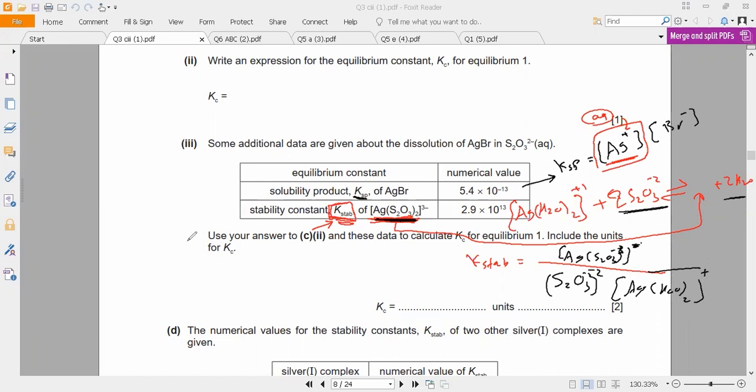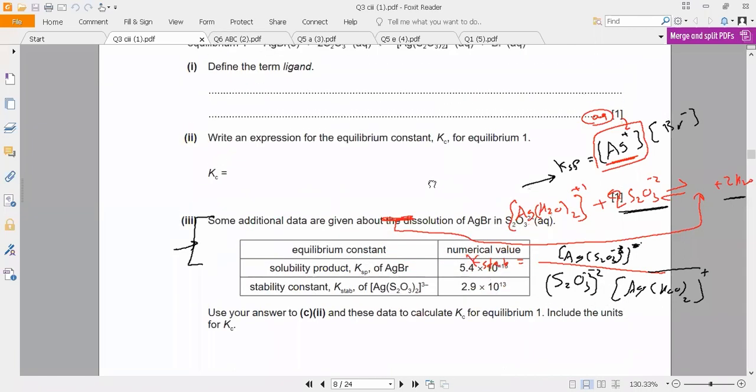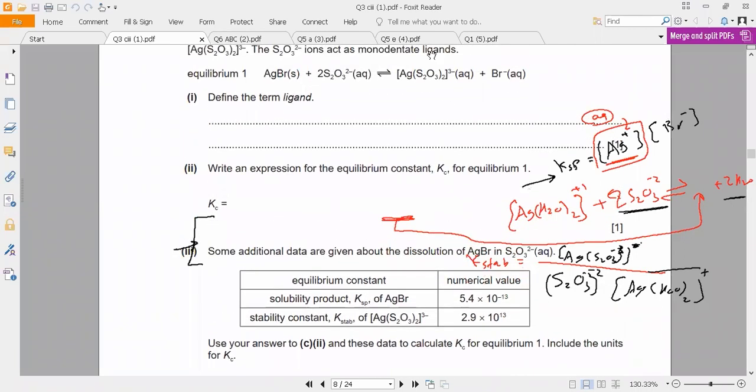Before we start solving this question, guys, I will write another thing and then I start solving it. I know, guys, this is a very hard question. I started with one of the hardest questions. And this is, guys, one of the most common questions that start coming recently in Cambridge papers. So before I start solving the question, let me remind you about the original Kc that we wrote in the previous question.